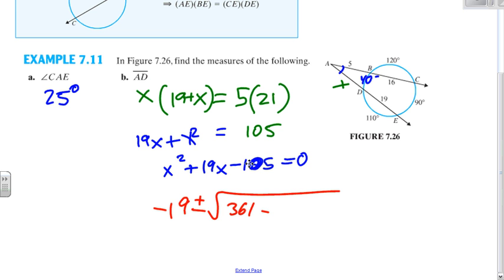So we have minus 4 times negative 105, would be negative 420. So minus negative is plus 420, all over 2 times A. A is 1, so all over 2. So 361 plus 420 is 781. The square root of 781 is almost 28. It's 27.95.